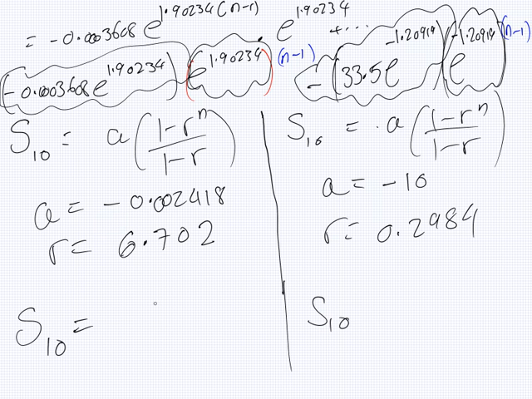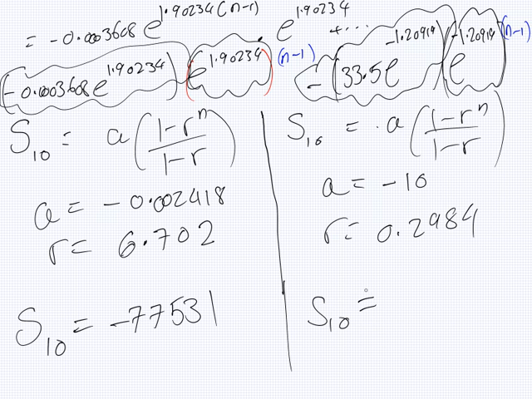Okay, let's check S10. A minus 0.002418 times 1 minus R power 10 over 1 minus R. So here I get minus 77,531.